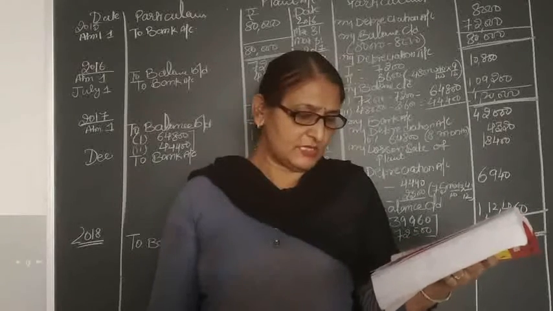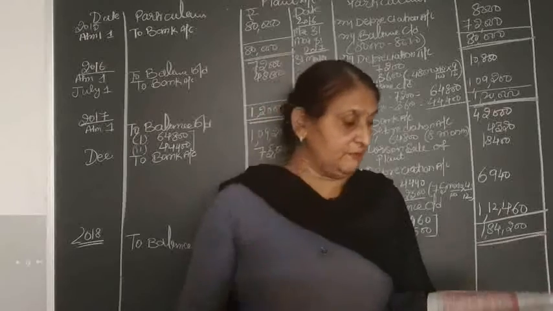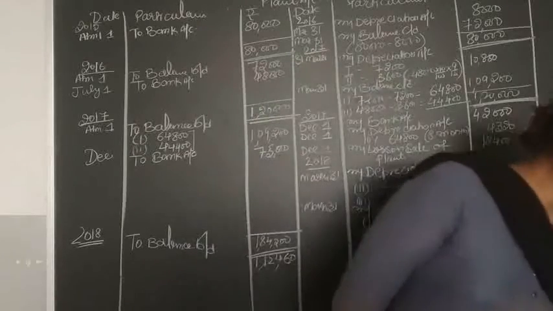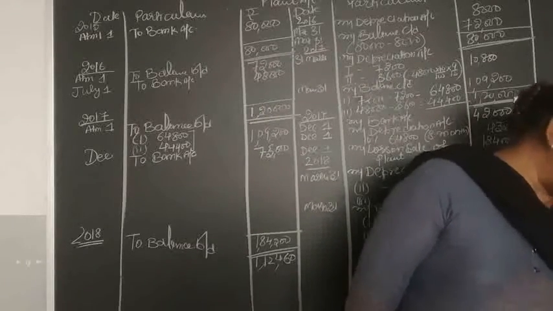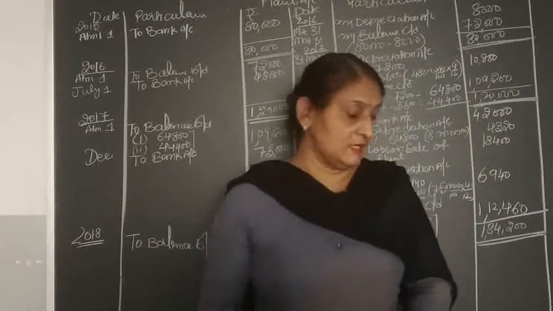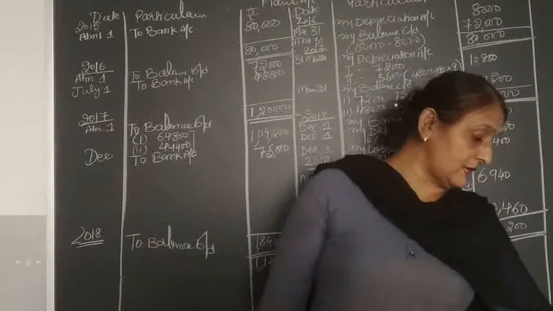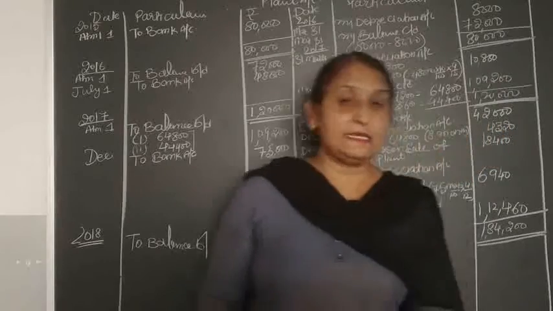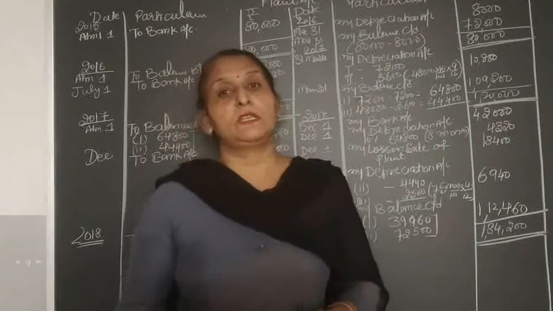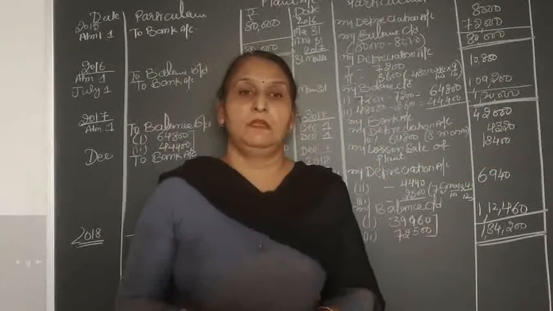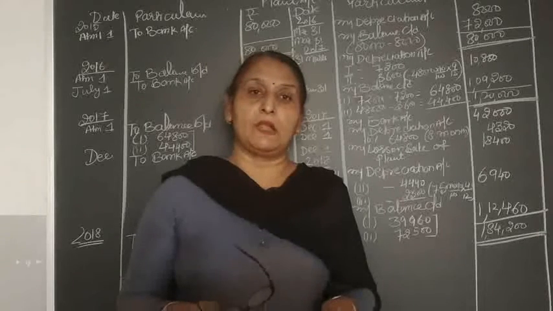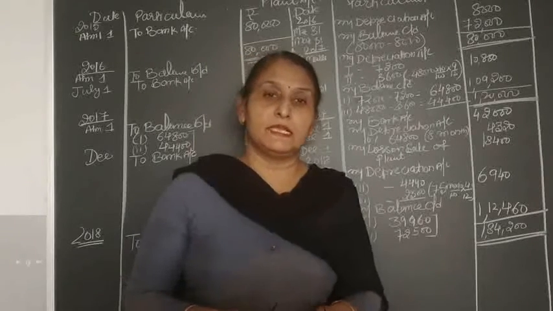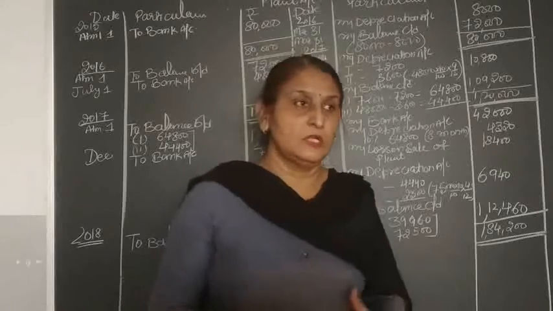Depreciation is provided at the rate of 10% per annum on diminishing balance method, and accounts are closed on 31st March. We have to maintain the plant account for 3 years, and IGST is provided on the machinery at the rate of 12%. So when we maintain the plant account or machinery account, then GST will be ignored.